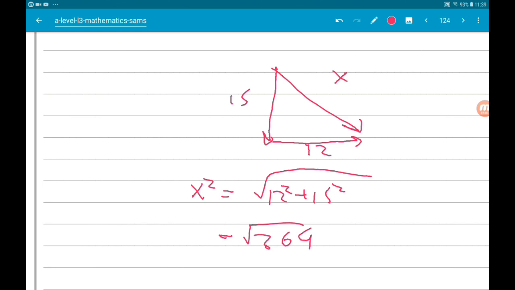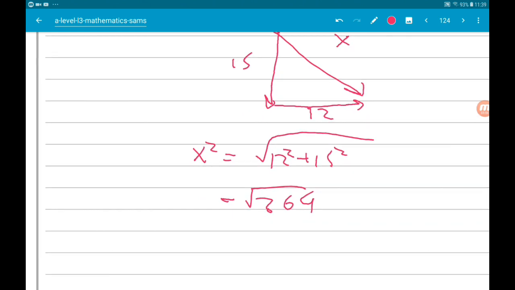Now if we square root that to two significant figures, we get 19 meters per second.